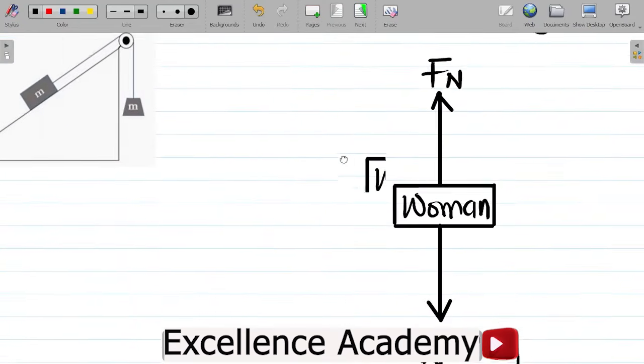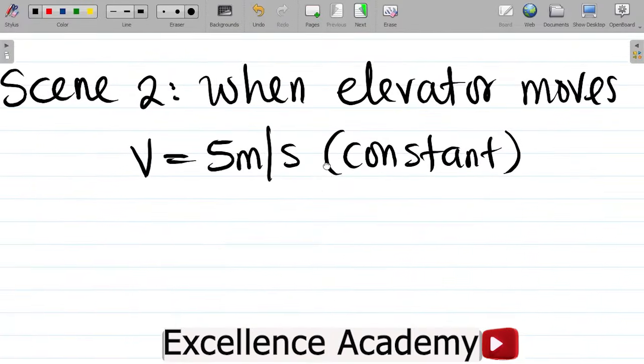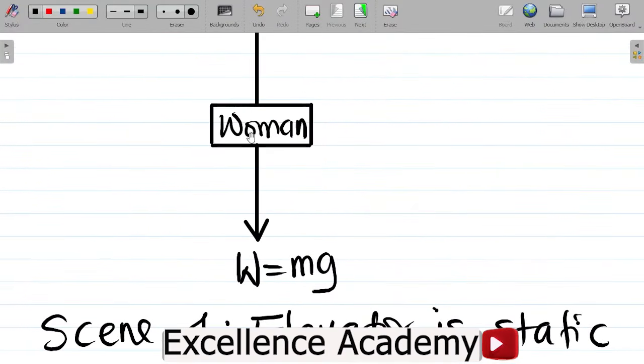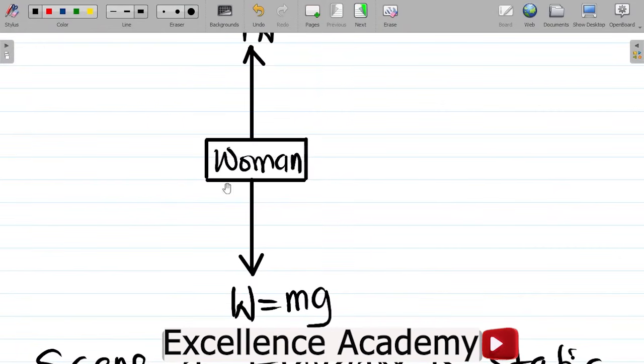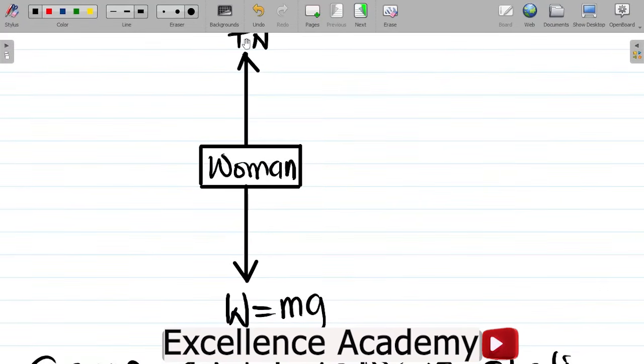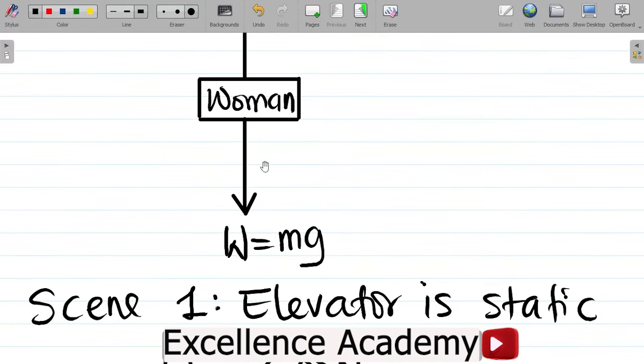All right. You want to know that when a person is descending in an elevator, the forces acting are just in the vertical direction. That's the normal force and the weight.